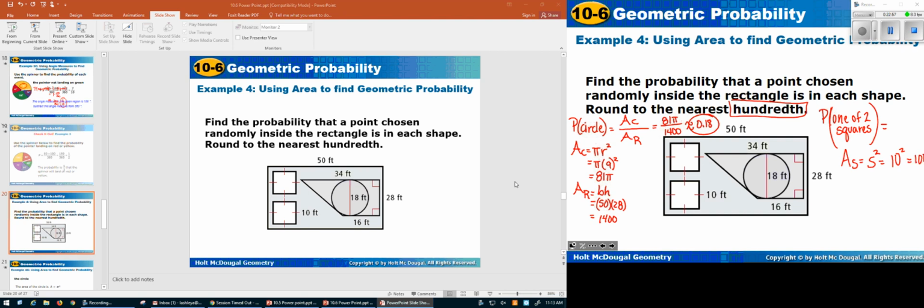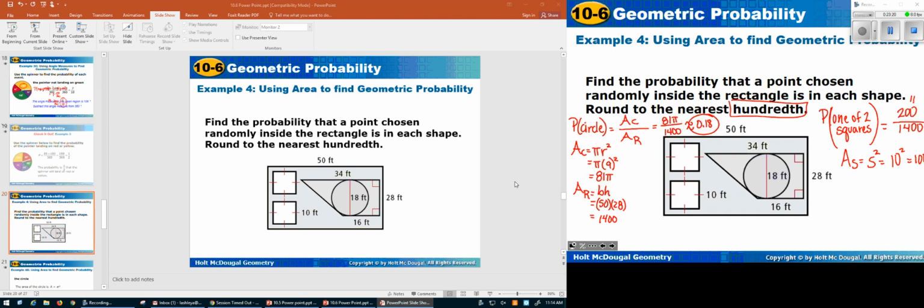But we have two of them. So times 2. So what's going in the numerator here? 200. Okay, and we already know what goes in the denominator because we found the area of the whole thing already. What was it? 1,400. So then we can simplify, and what does that become? 1 over 7.